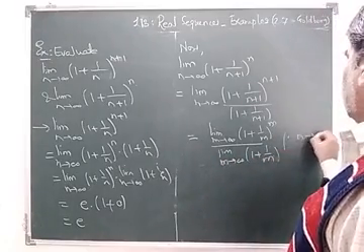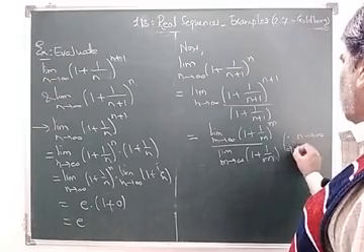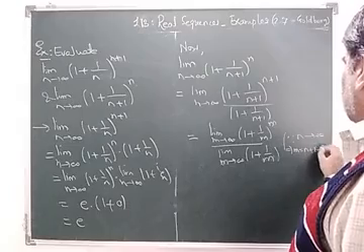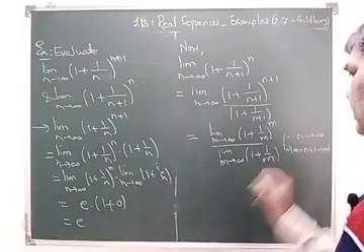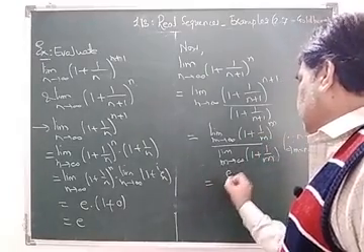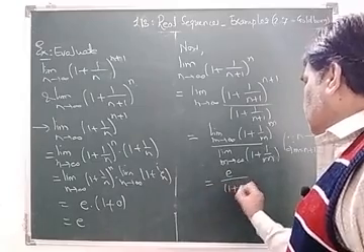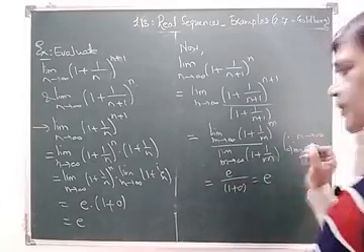Since n tends to infinity implies m is equal to n plus 1 also tends to infinity. So I will get this, and then this is nothing but e upon 1 plus 0, which is e.